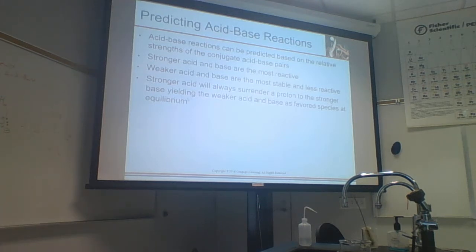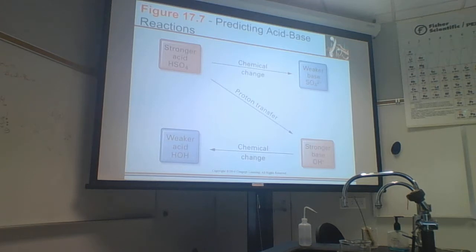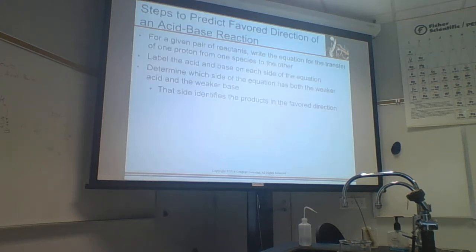And so this is the diagrammatic scheme here. We want to go from stronger acid to weaker acid, and from stronger base to weaker base. But this scheme confuses me, so I'm going to skip it. Steps to predict.